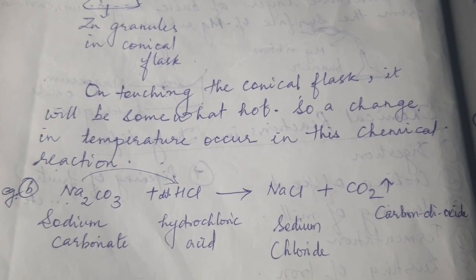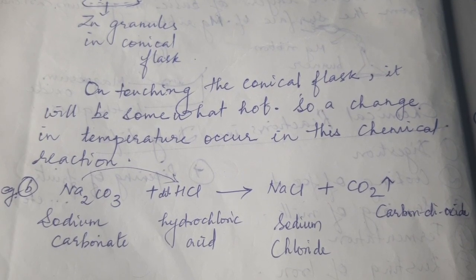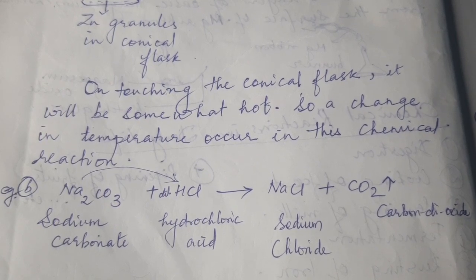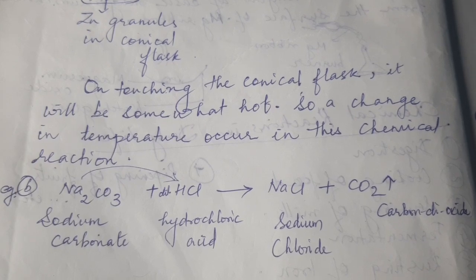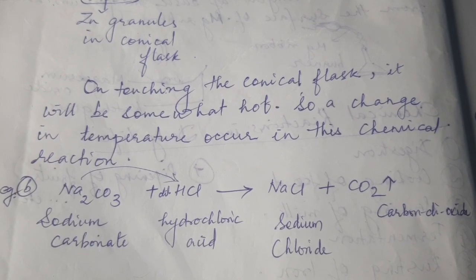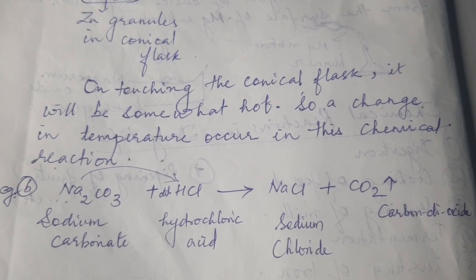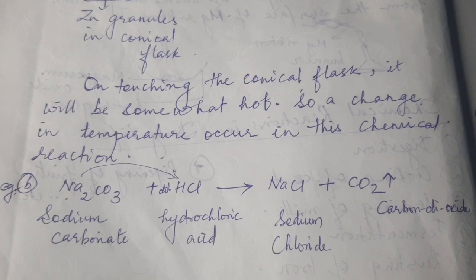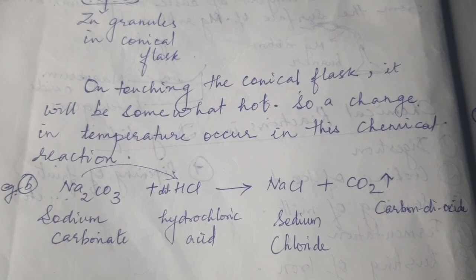Here also it is reacted with dilute hydrochloric acid, that is HCl, and you get the product as sodium chloride, and carbon dioxide gas is released. So which is the gas that is released in this reaction? That is the carbon dioxide gas. Okay, so these are the two examples of the characteristics of chemical reaction we have seen for the evolution of gas.